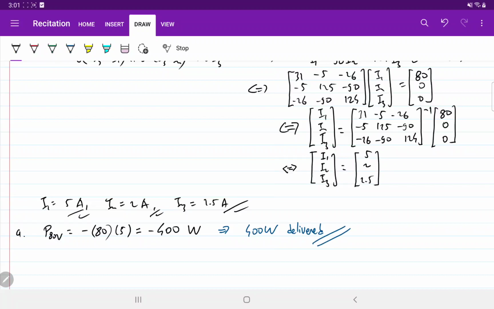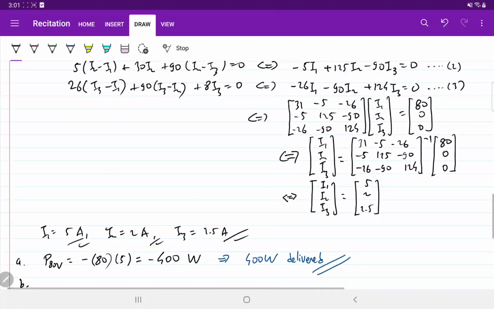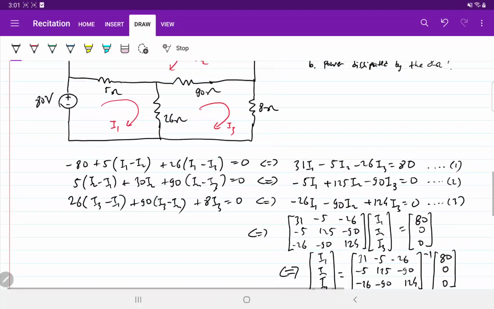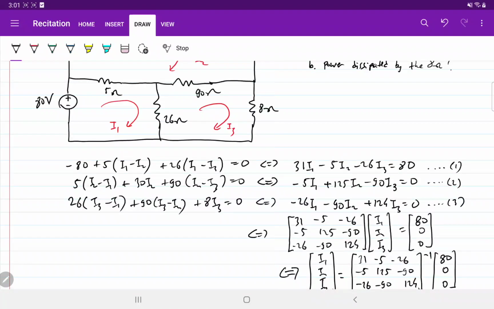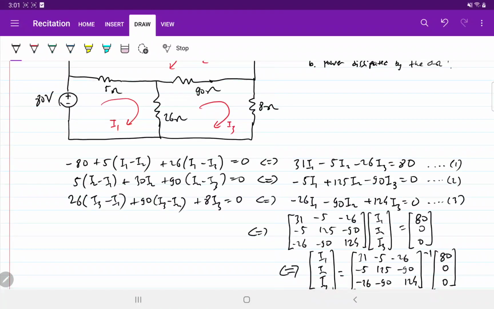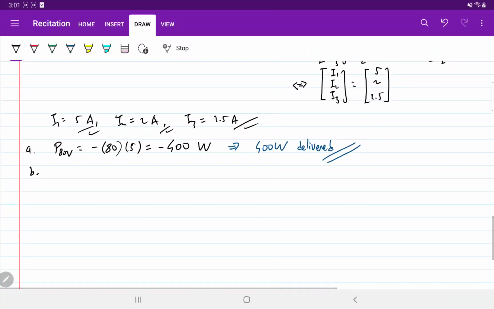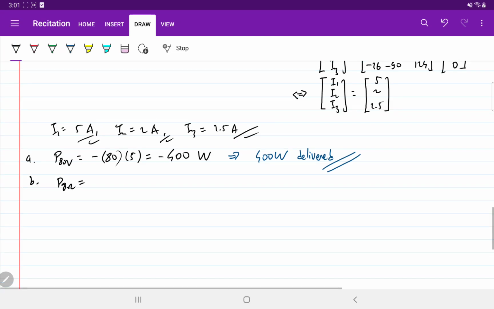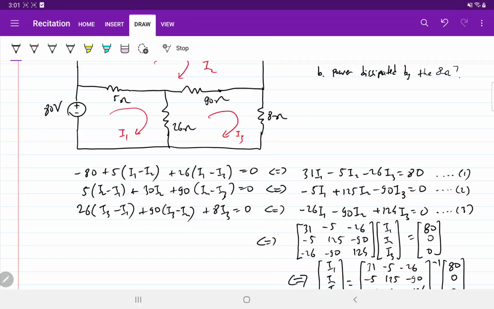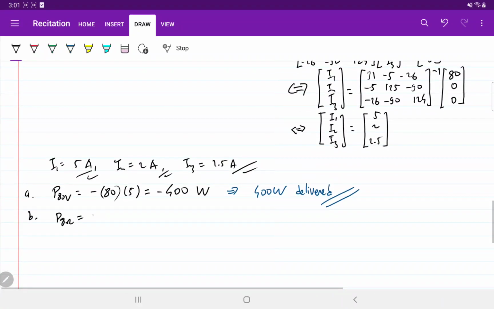Alright, B, power consumed or dissipated by the 8 ohm. So P at 8 ohm is I3 squared times R, right?